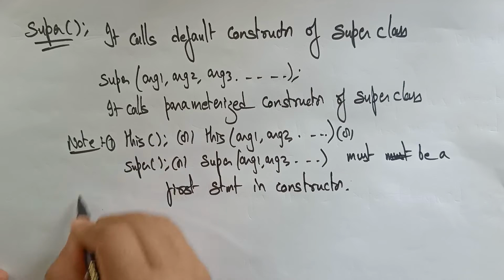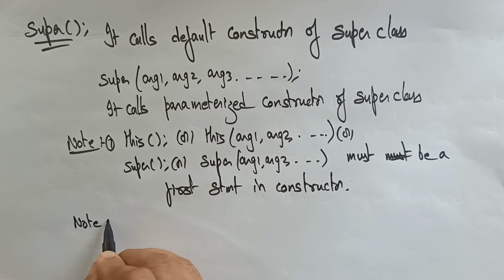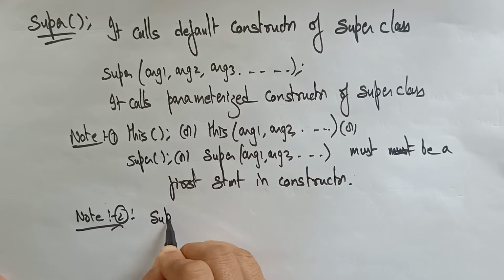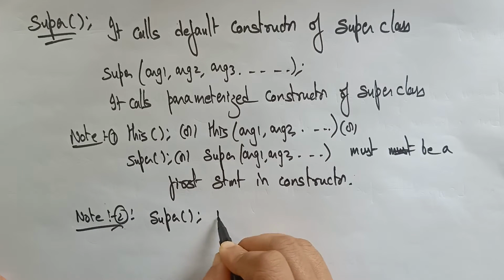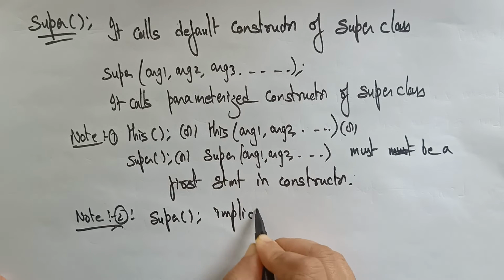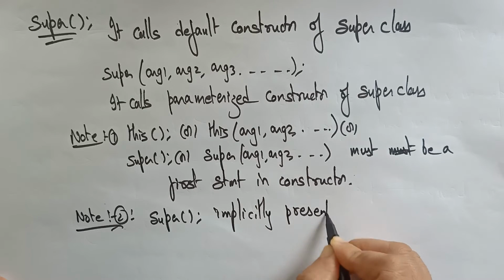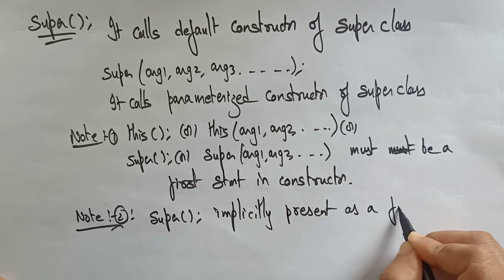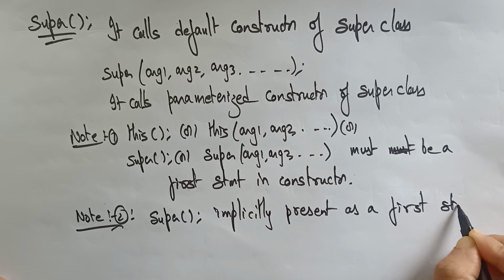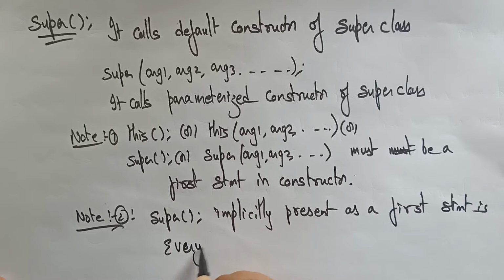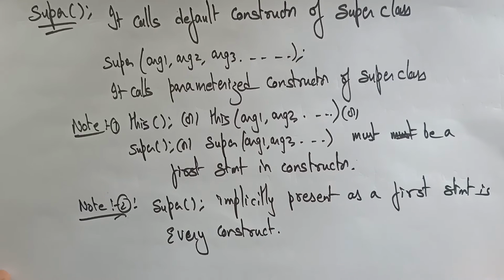Okay, and note 2. Remember that. Super keyword, whatever the super constructor is there, is implicitly present as the first statement in every constructor, which allocates memory to the super class.